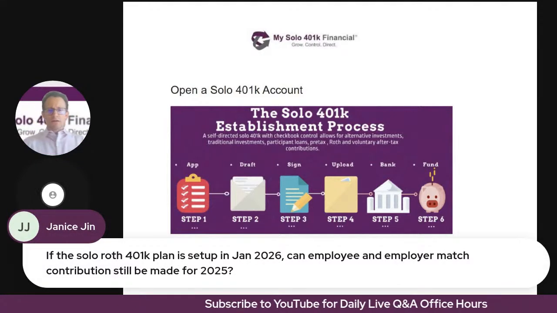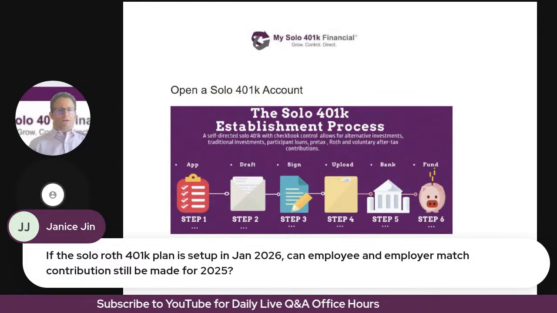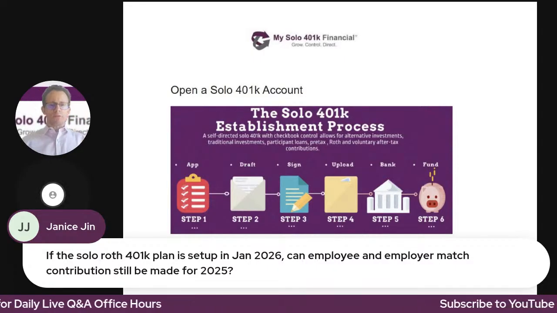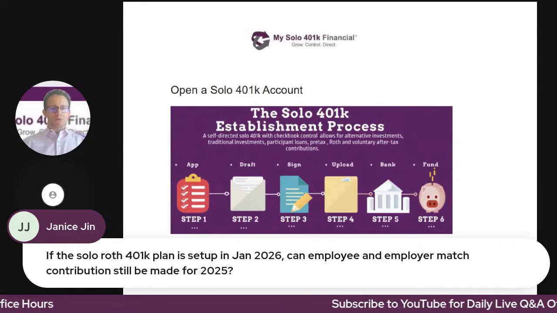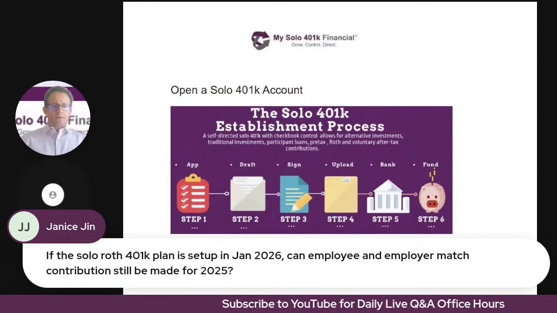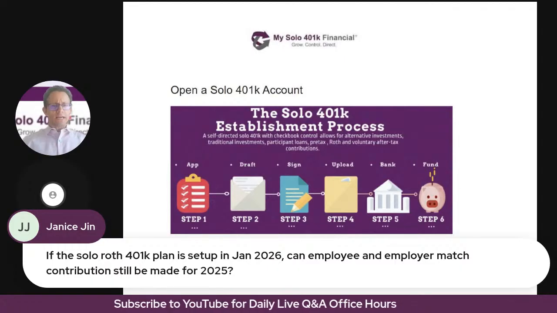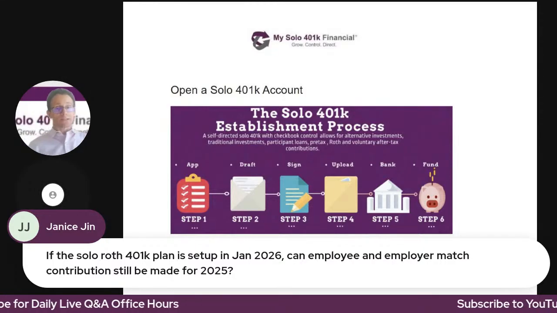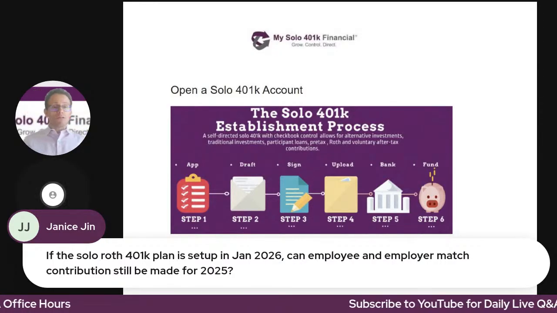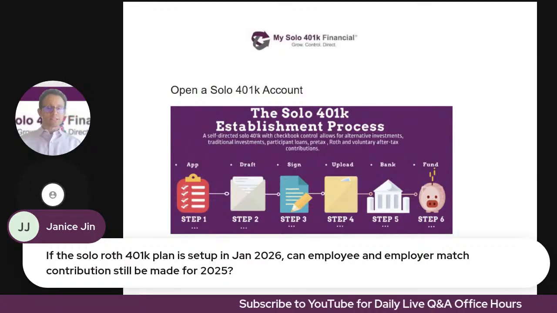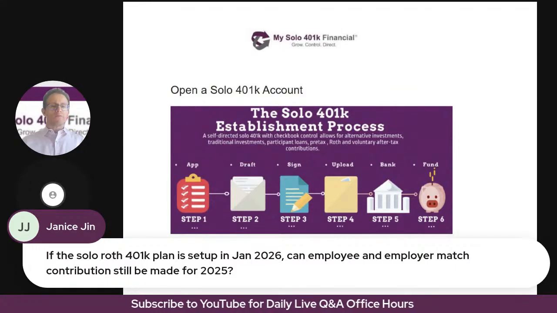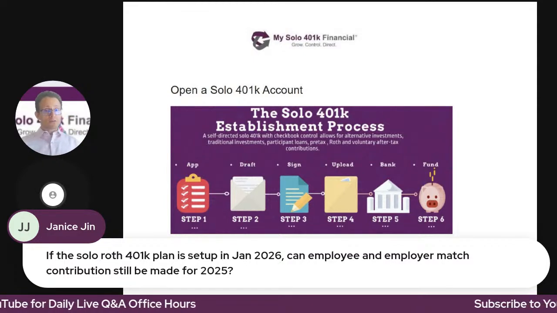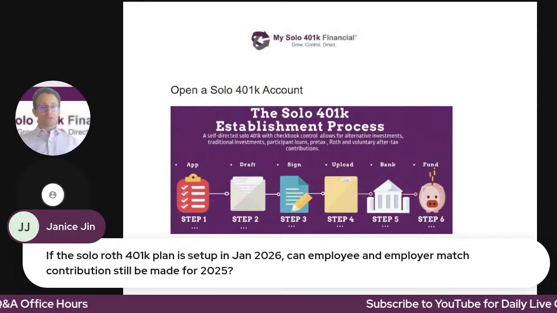Here's a question here. If the solo Roth plan is set up by January 2026, can employee and employer match contributions still be made for 2025? So it's too late. Unless your business is taxed as a sole proprietorship, it's too late to open a solo 401k plan in 2026 to make tax year 2025 employee contributions, whether employee Roth contributions or employee pre-tax contributions.